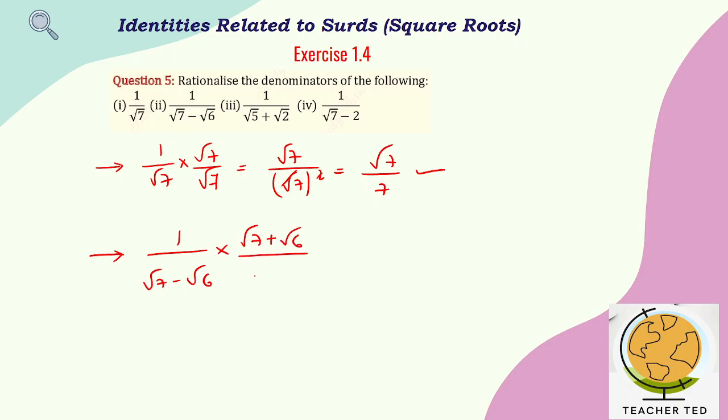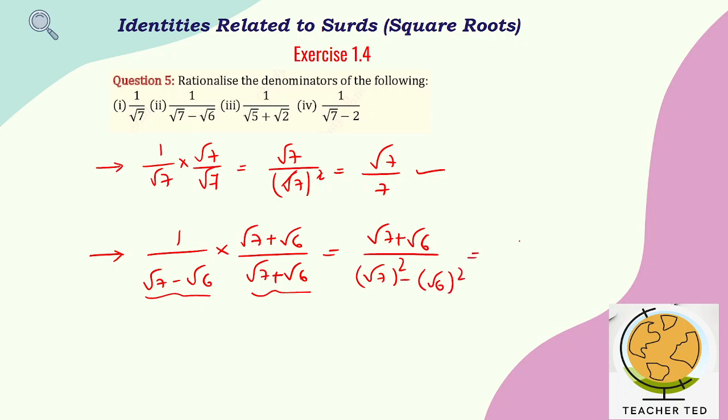Root 7 plus root 6 divided by root 7 plus root 6. You just multiply these two, which gives root 7 plus root 6 in the numerator. Look at this very carefully. The denominator looks like a plus b into a minus b. So that gives root 7 square minus root 6 square.